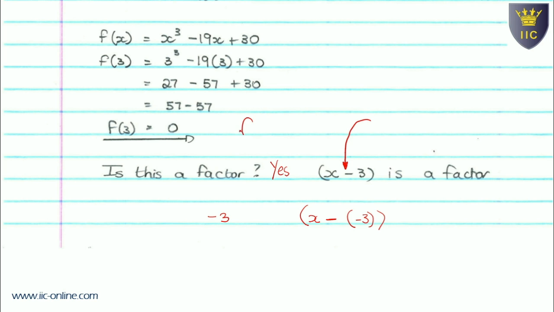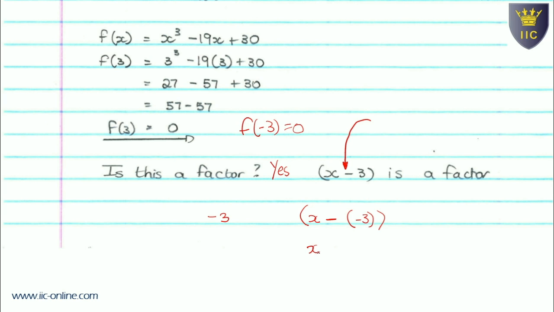What if it was f of minus 3? You had to plug in minus 3 everywhere you saw x. If that ended up equaling 0 in some fictitious sum or problem that you're trying to resolve, the way that you would write it is x minus minus 3 is a factor.